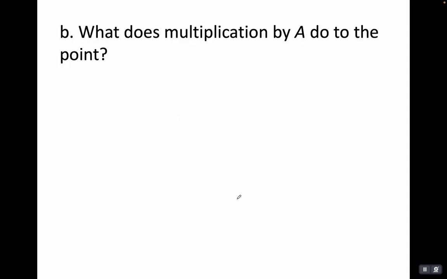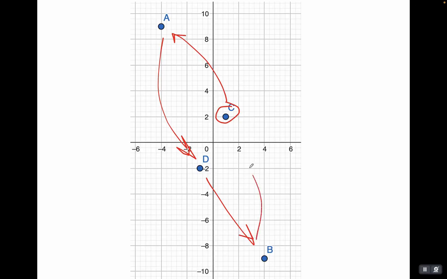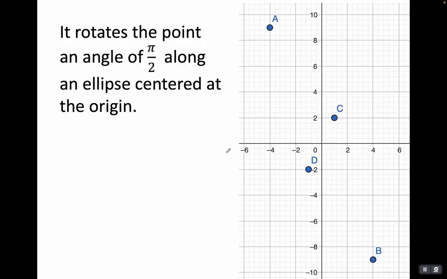So what does multiplication by A do to the point (1, 2)? Check this out. So this was our original point, (1, 2). And then it takes it out to here, (-4, 9). And then it shifts it to (-1, -2). And then it shifts that point to (4, -9). And then we're back to (1, 2). Can you see what's happening?